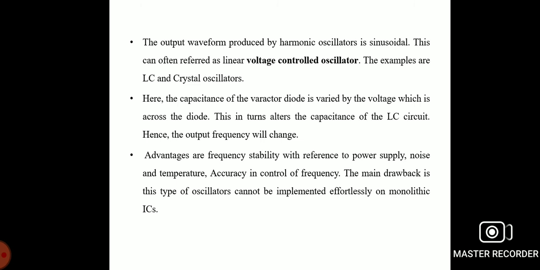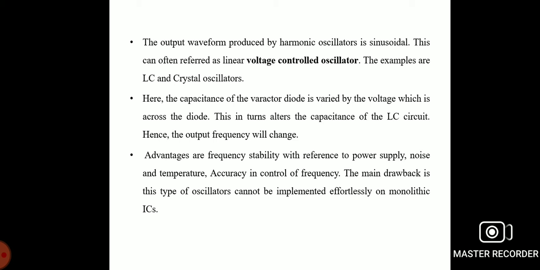In the harmonic oscillator, the output waveform produced is a sinusoidal waveform. This is referred to as a linear voltage controlled oscillator, for example the LC and crystal oscillator. The capacitance of the varactor diode is varied by the voltage across the diode.